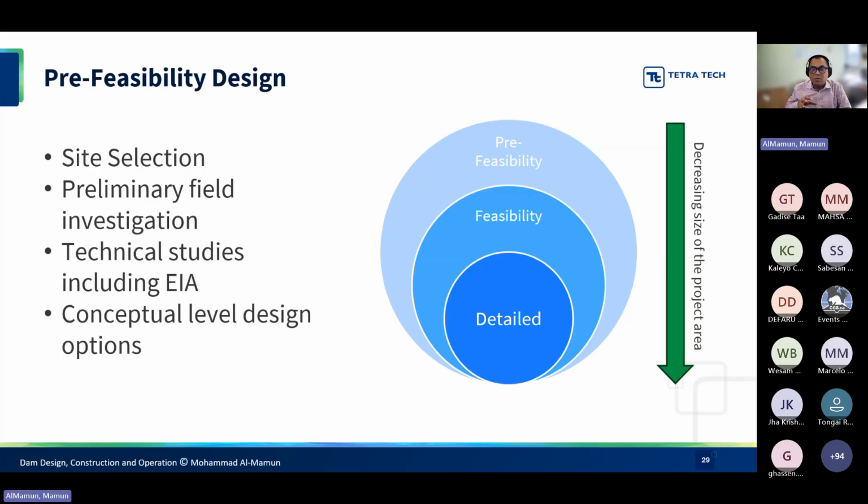We as dam engineers will look at just the dam aspect of it and try to identify where we need to put our dam, right? So that would be our pre-feasibility. And then once we find a few places, in the feasibility level we're going to look into those before we go to the detailed design for one particular location. So it's a decreasing size of the project area.